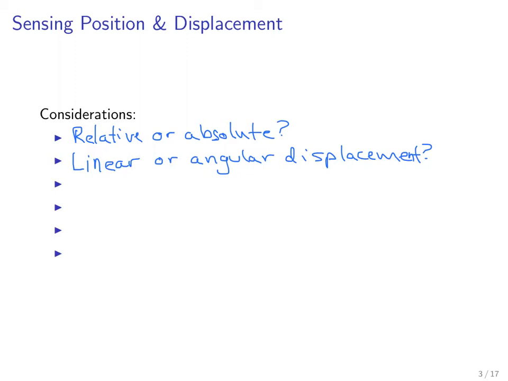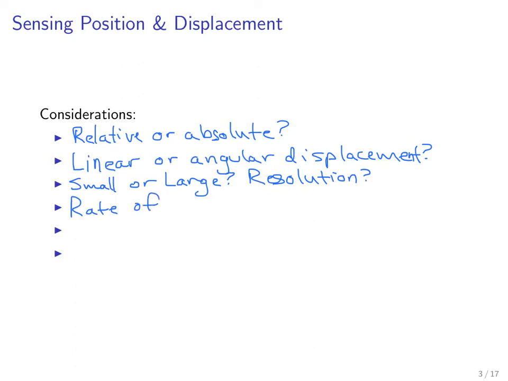Are we going to expect small or large displacements? What is the resolution that we need? What will be the expected rate of movement, or velocity, angular or linear velocity? Can the transducer keep up with that rate of movement?